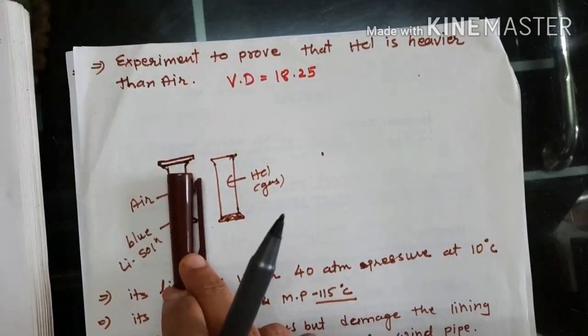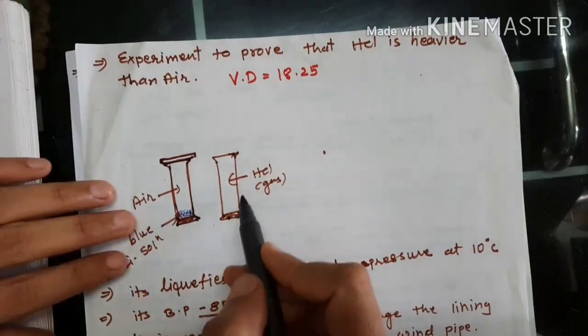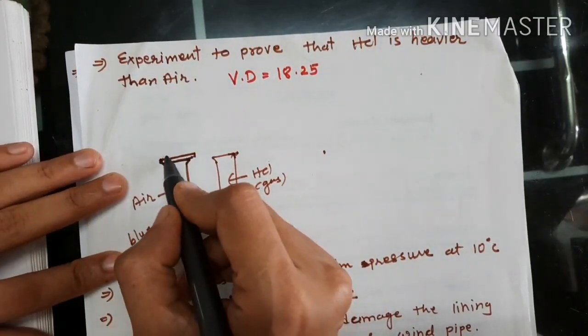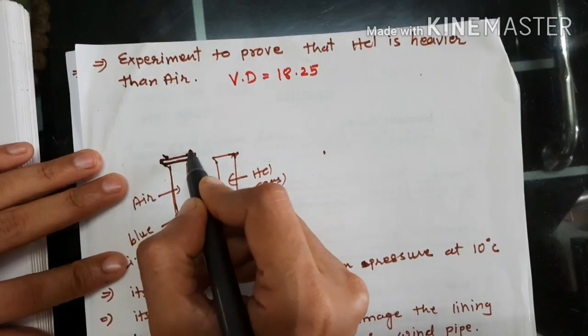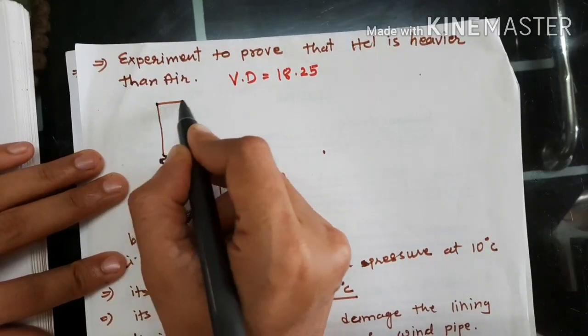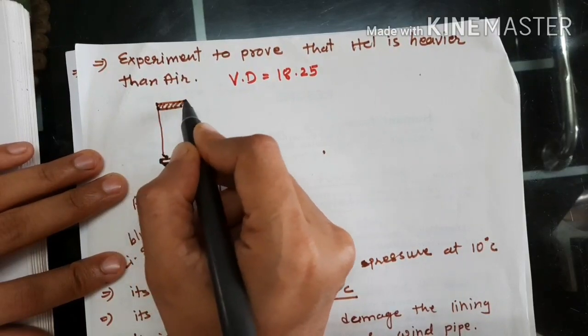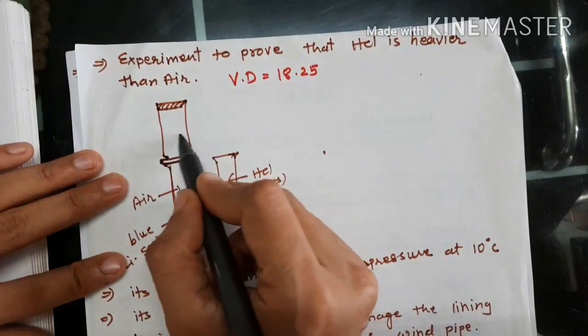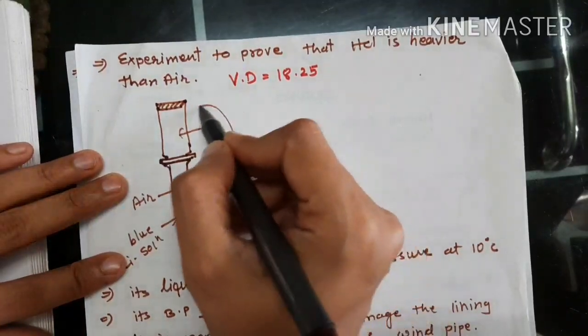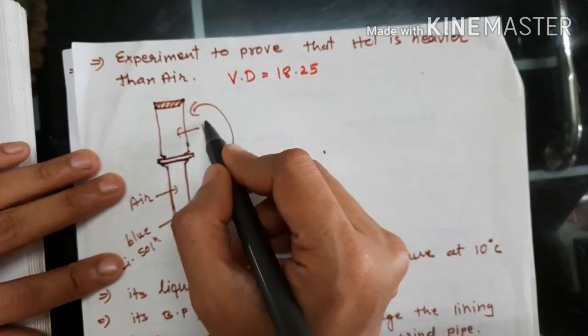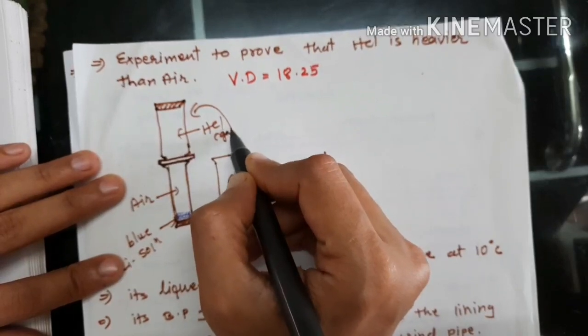So this is the way. Now this gas jar is put on it inversely, with HCl gas filled in it.